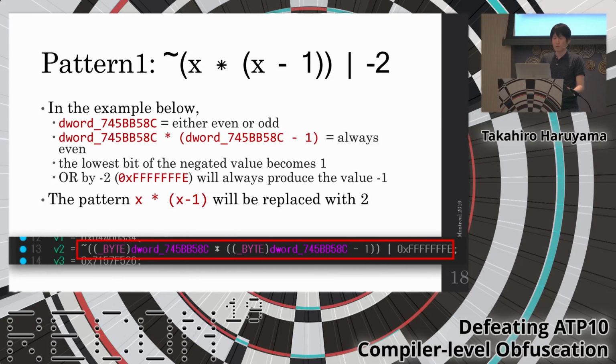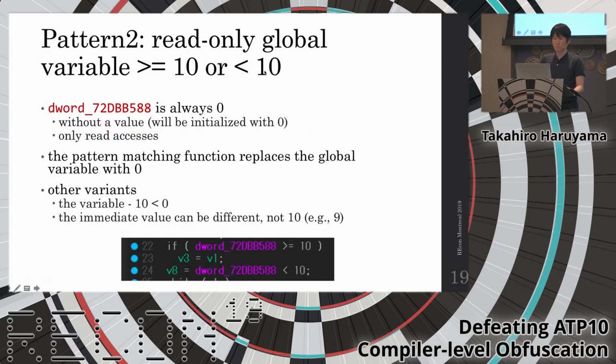The modified code replaces the pattern multiplying x by x minus 1 with the value 2. The second pattern is a read-only global variable compared by more than or less than an immediate value.